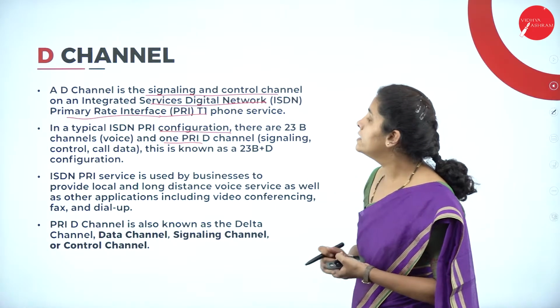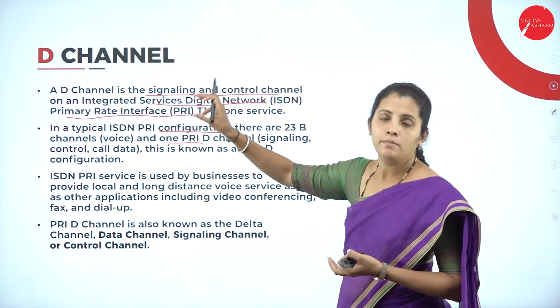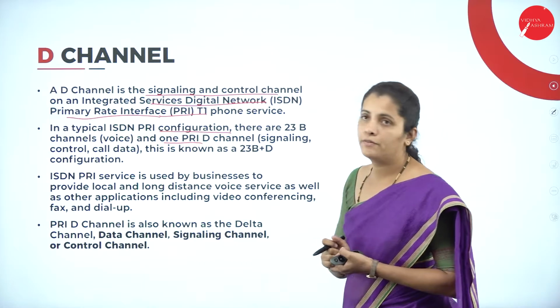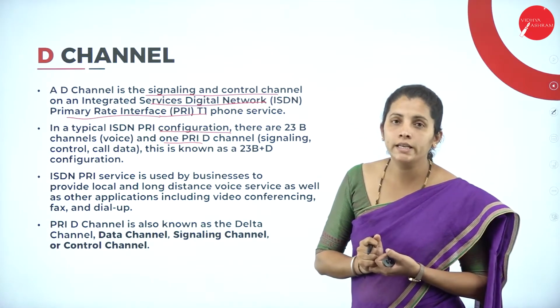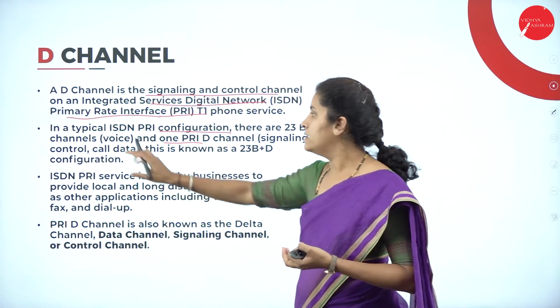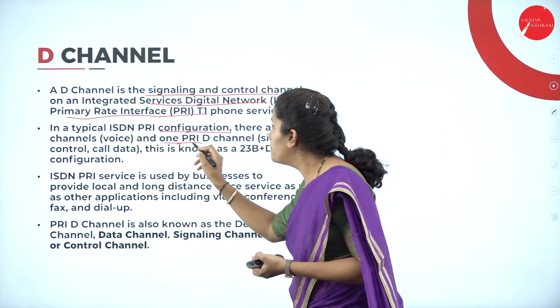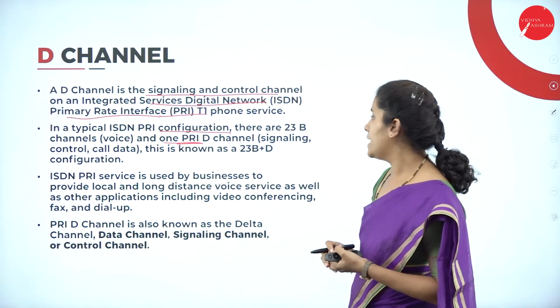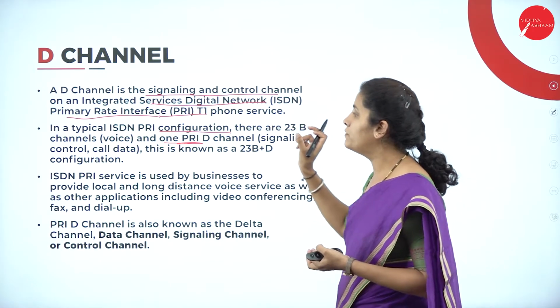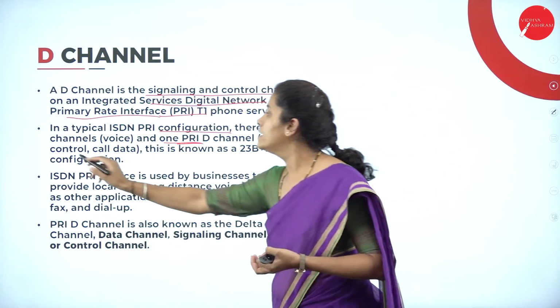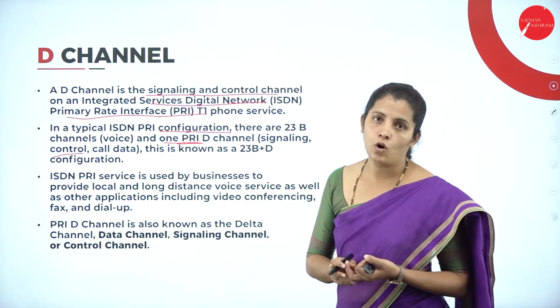That means the ISDN PRI configuration includes 23 B channels for voice and only 1 D channel. The D channel is for signaling, control and call data.